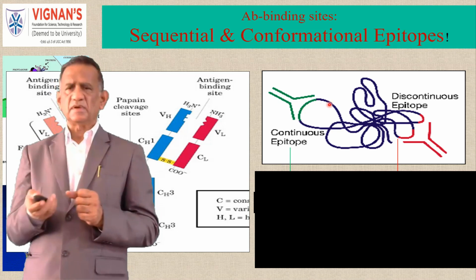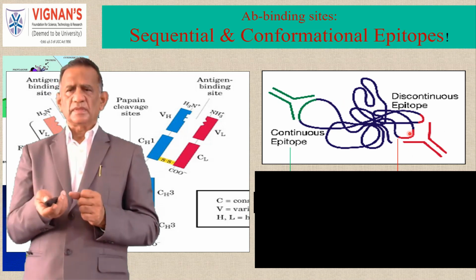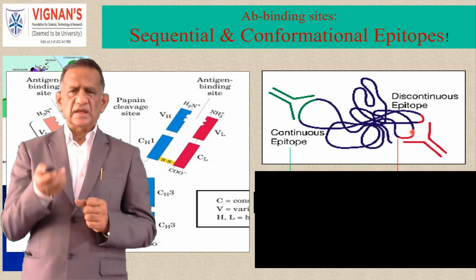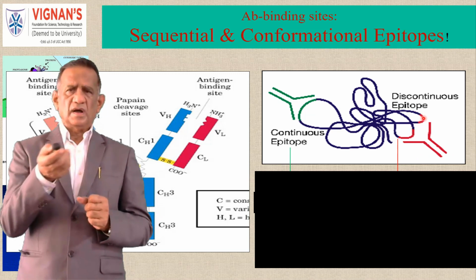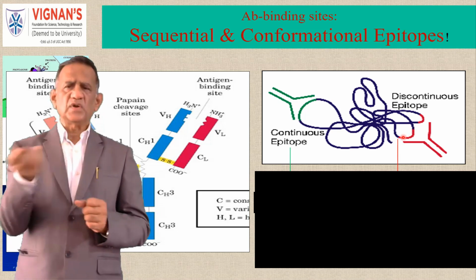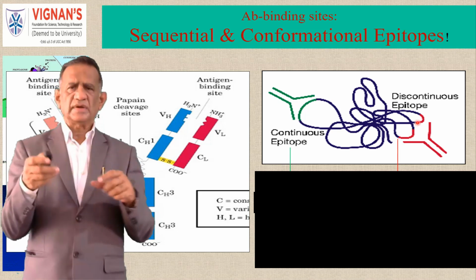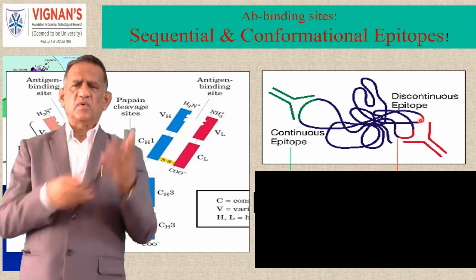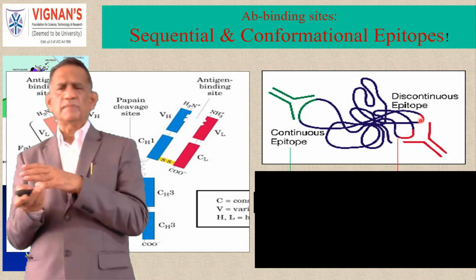Now you see the other immunoglobulin, which is in red color. Here in the Fab region, there are two antigen folds. The two folds are not continuous. One fold has emanated out of the folding pattern and has become the epitope.